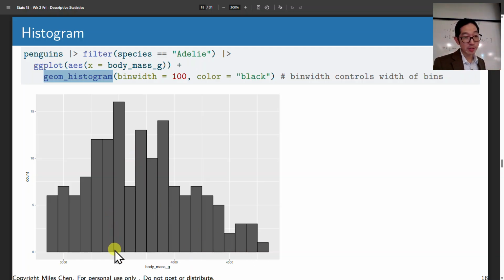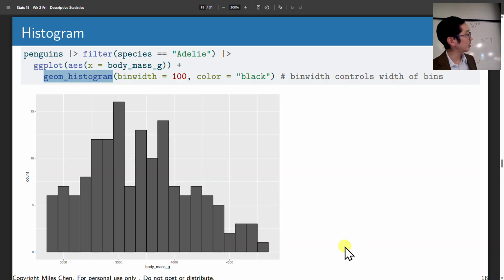So how many penguins in my data set have weights between 3,450 and 3,549.9? There are like 16 penguins in that range. The height of the bar tells you how many penguins fall within that width, and this is the picture.